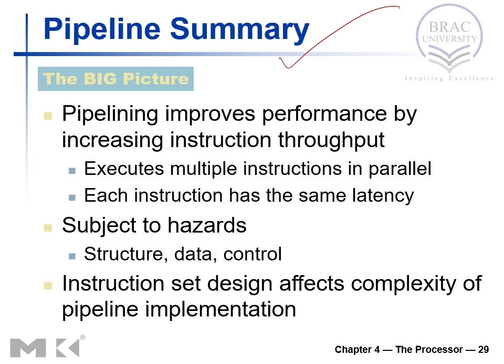So it executes multiple instructions in parallel. Each instruction has the same latency, subject to hazards. This is the tricky part, because pipelining introduces structural hazards, data hazards, and control hazards. Instruction set design affects the complexity of the pipeline implementation. This depends on the instruction set architecture and how it is designed.